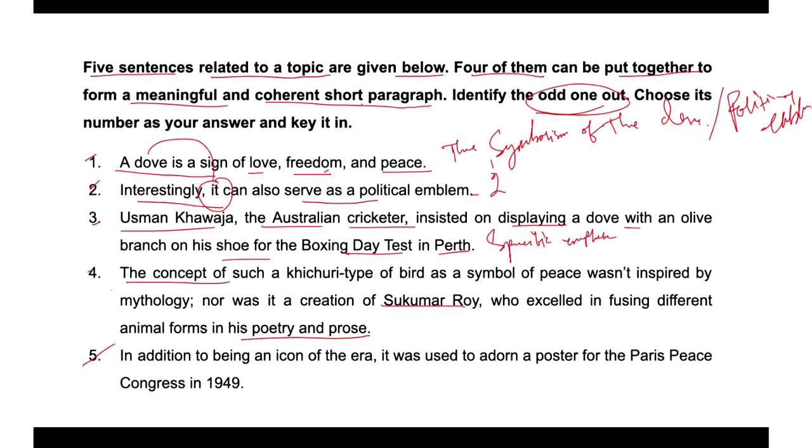This sentence introduces a new and unrelated concept about the origin of the dove as a symbol of peace, referencing mythology and a poet's work. And then, it was used to adorn a poster for the Paris Peace Congress in 1949.